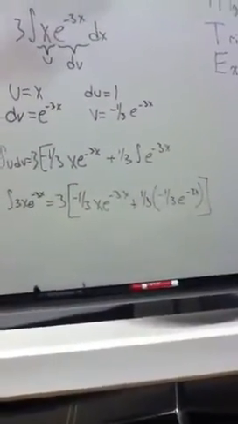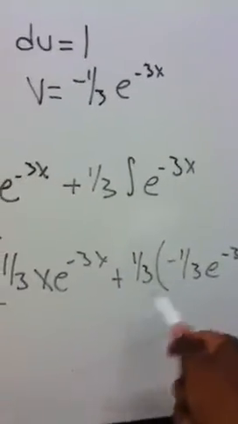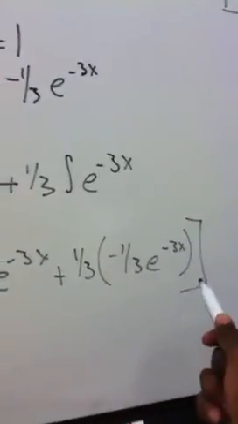That's basically the answer, and you can simplify it a little further. Multiply the 1/3 out, and you're going to get negative 1/9 e to the negative 3x.